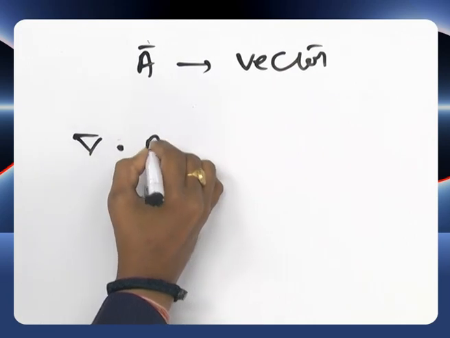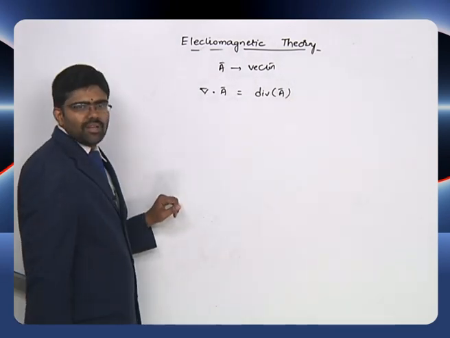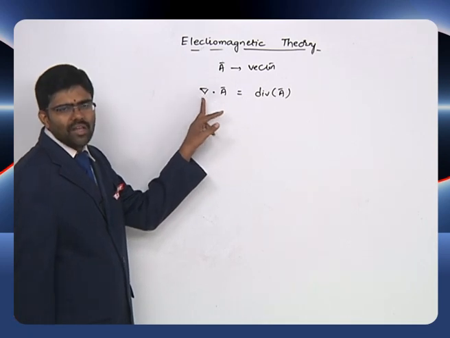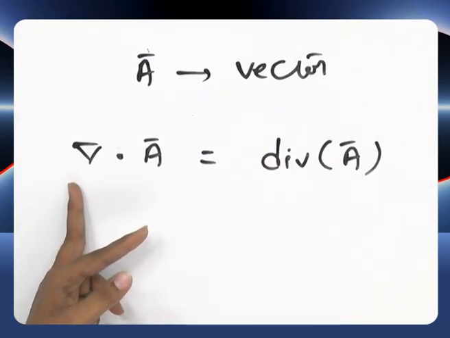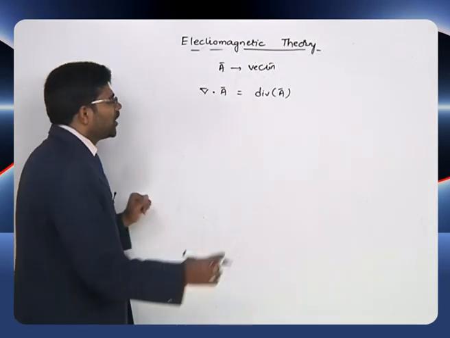Del bar dot A bar, in short form, can be written as divergence of A bar. Here, once again I will consider a simple coordinate system, the rectangular coordinate system, and I will take this del operator and A in the rectangular coordinate system and apply the dot product between them. Then observe what happens.